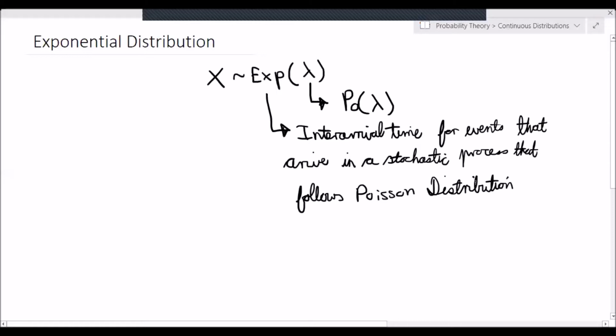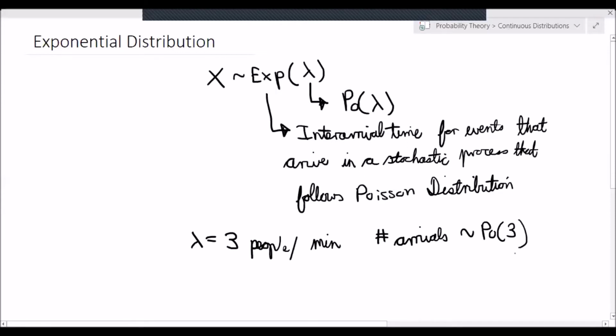So if I say that people arrive at a shop at a rate of lambda, let's say lambda equals 3 people per minute, then the number of arrivals is distributed as a Poisson random variable with lambda equal to 3 per minute.